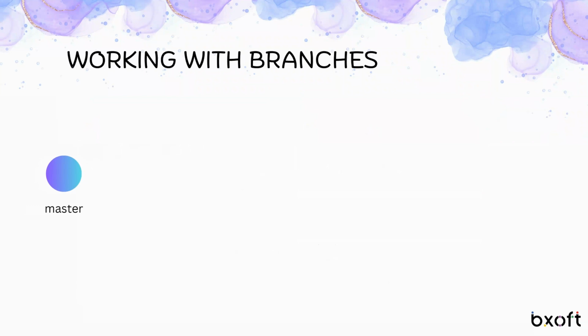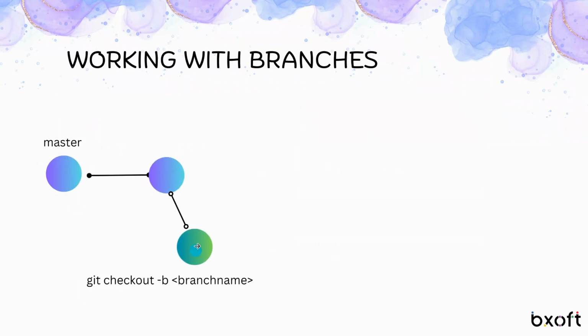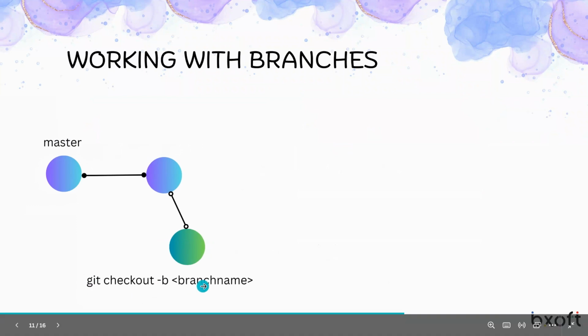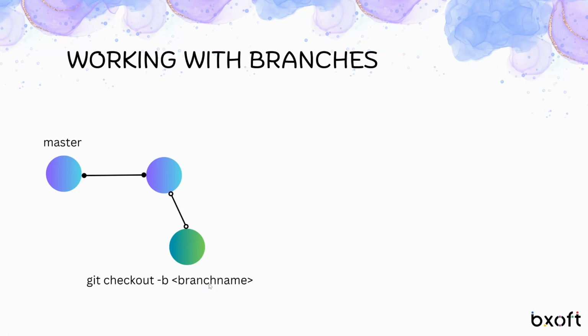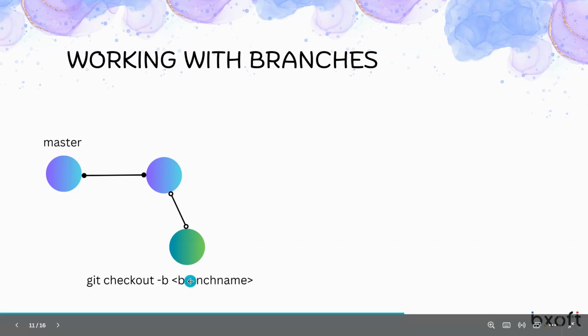If I want to change anything in the project, in the version control system, we always create a new branch and extract all the changes from the master branch. Here I just created a new branch by using git checkout -b and I will name my branch here. In this manner I create a new branch and check out to my branch as well. In the same manner, other developers are also working and changing the master branch.